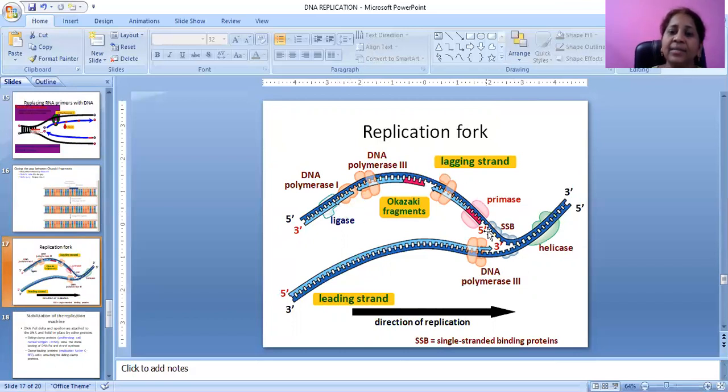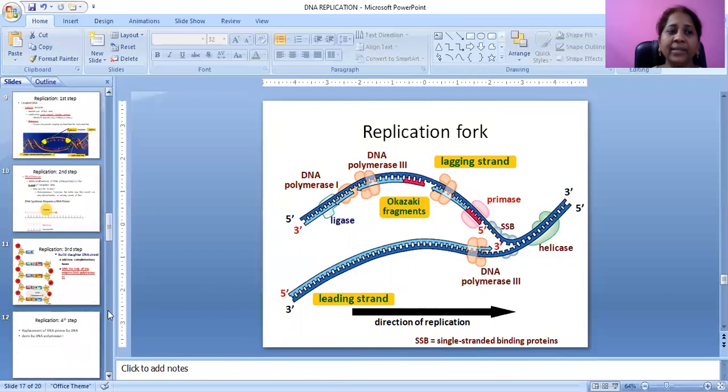Here we can see the lagging strand and here the leading strand. Then SSBs, single stranded binding proteins, for stabilizing, are also very important. This is the total DNA replication we can see.